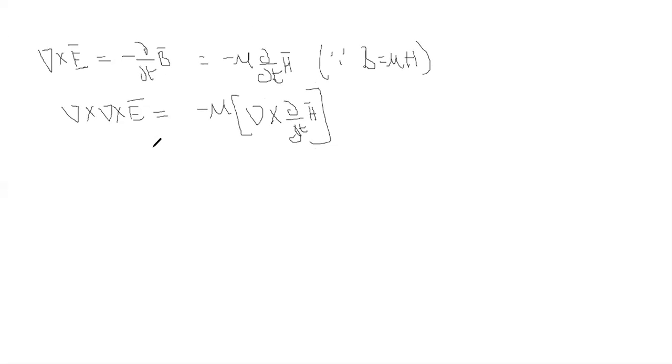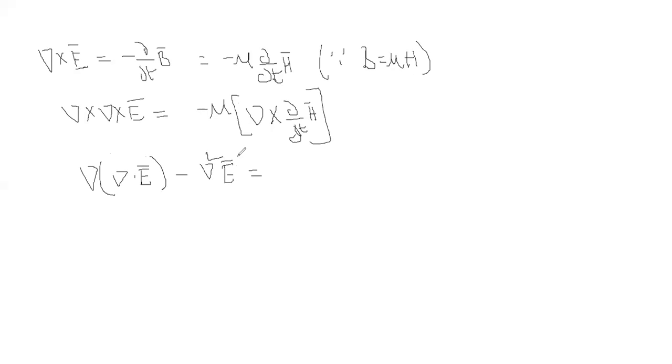So for this equation, I am applying the del cross on both sides. We know the del cross of del cross E bar, from the curl properties, is del of del dot E bar minus del square E bar. We use this to find the Laplace equation.